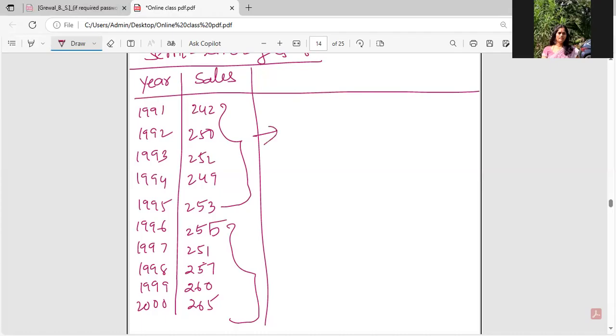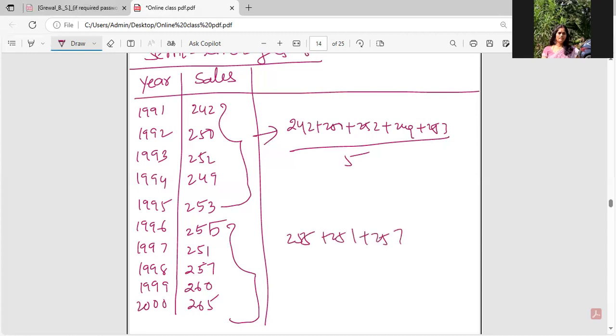Take their average. That is 242 plus 250 plus 252 plus 249 plus 253 by 5, and then 255, 251, 257, 260 and 265. I'll take the average of them.